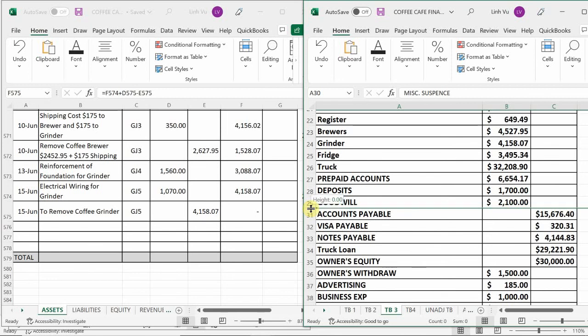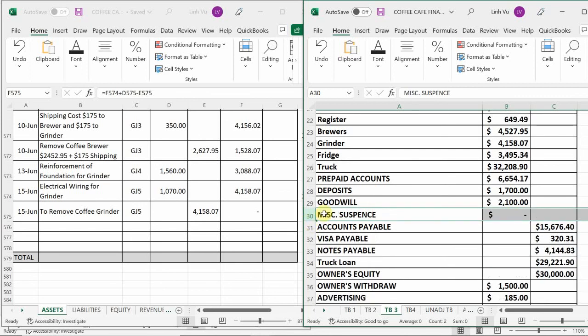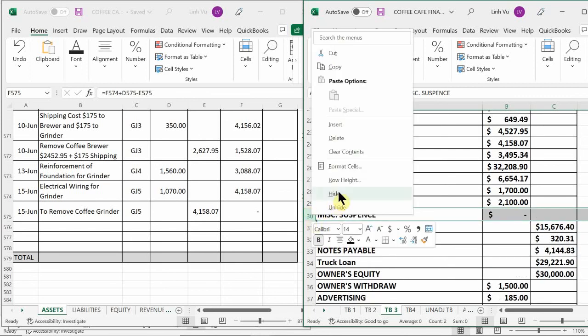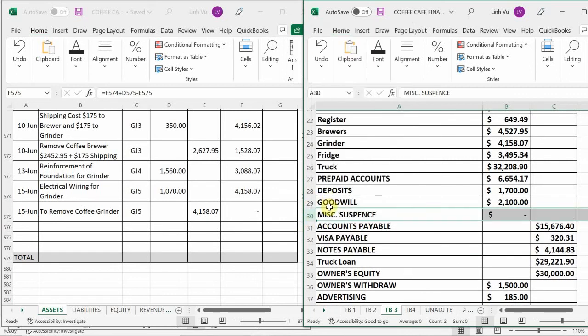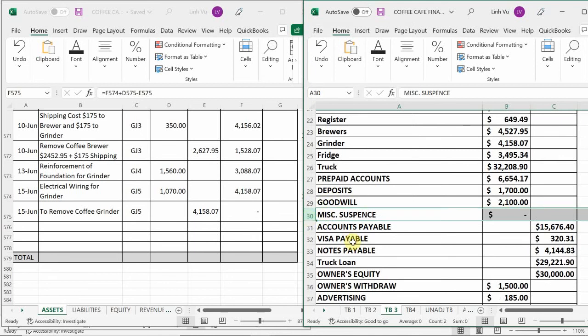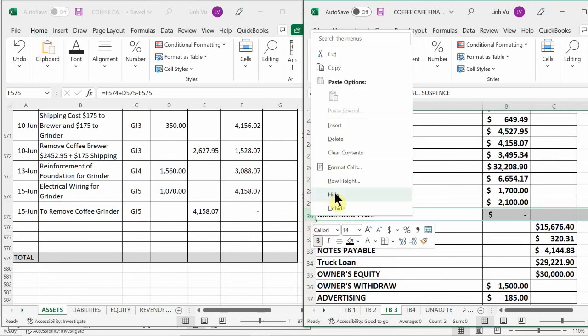If I click and hold that, I could actually unveil my miscellaneous suspense. But in this case, I want to hide it. You're able to also do the same thing. You could click on that in between line, right click, and unhide, and it will bring back that miscellaneous suspense.